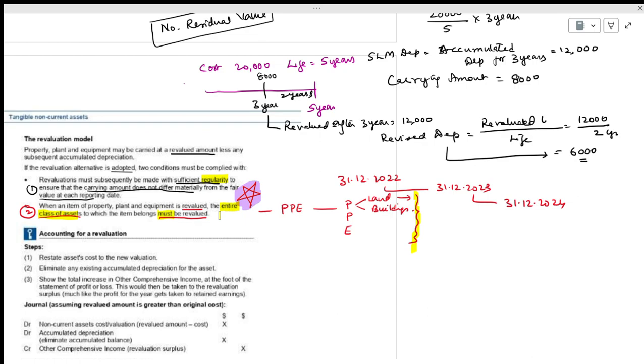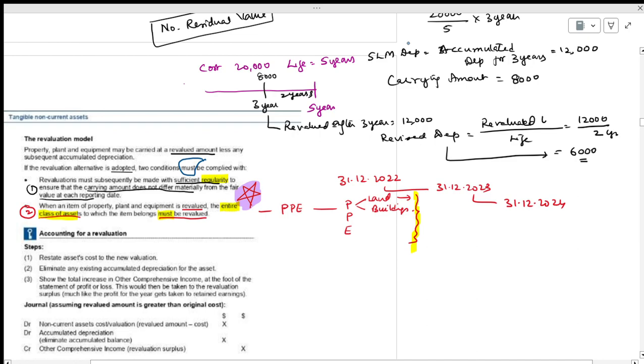These two things, wherever there is a must, you cannot compromise on that. Here they said, two conditions must be complied. Is it right? Two conditions must be complied.